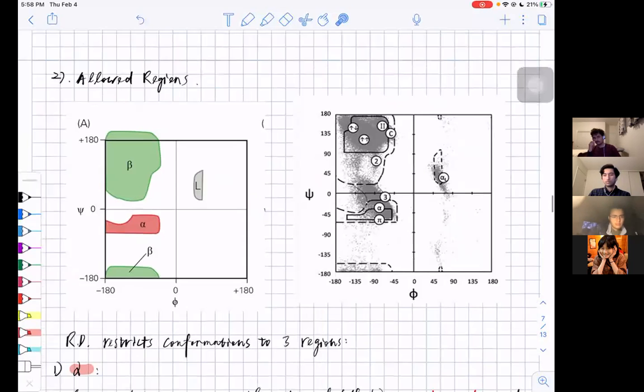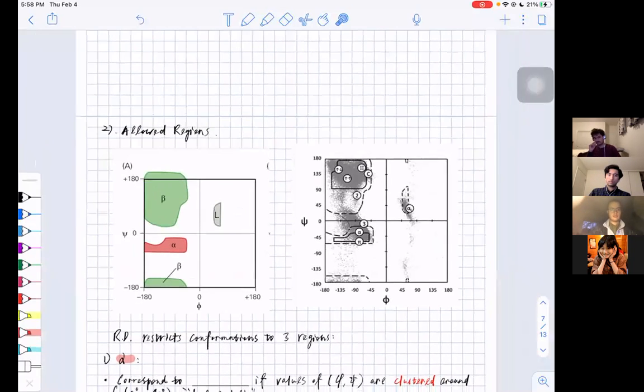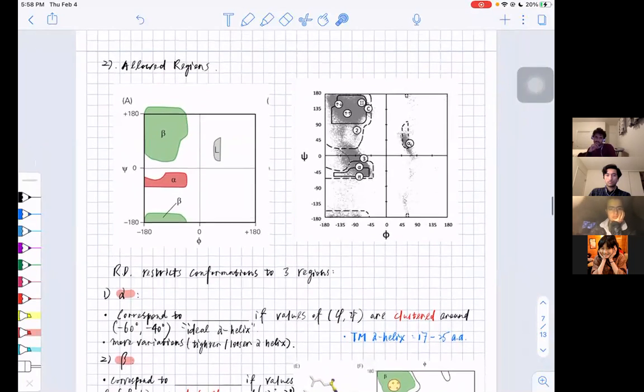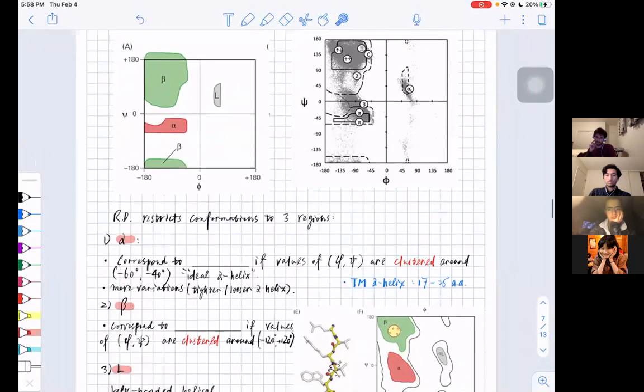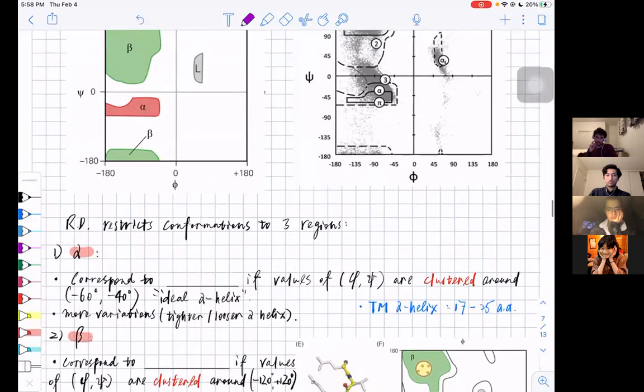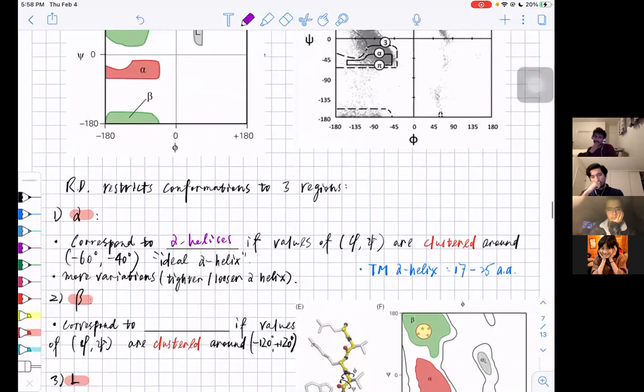Okay, so we can talk about the allowed regions on the Ramachandran diagram. I think this is fairly much recognizing and memorizing. Very quickly, the alpha region corresponds to the alpha helix, where the values of phi and psi are clustered around -60 and -40.